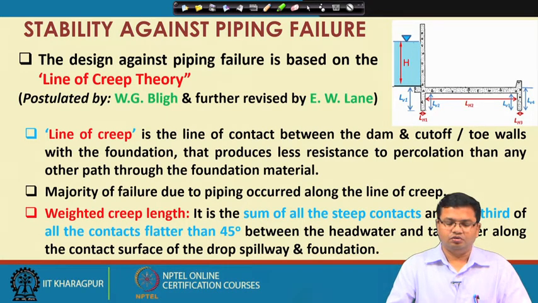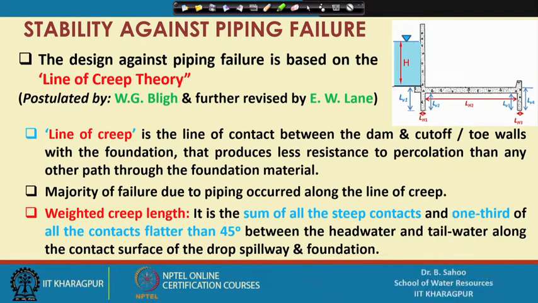So, we generally calculate the weighted creep length, the effective seepage length. The effective or weighted creep length is estimated as 1/3 of all the horizontal distances plus the sum of the vertical distances.